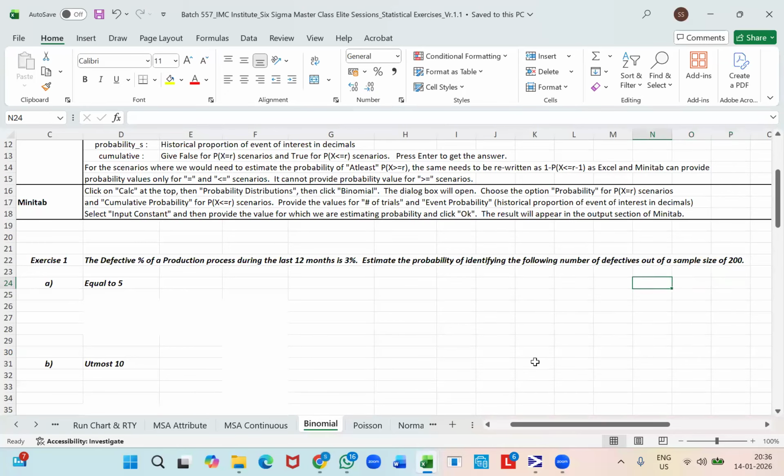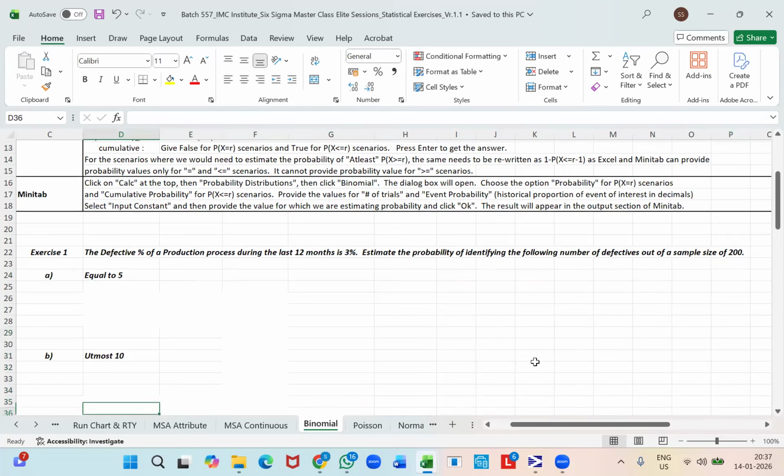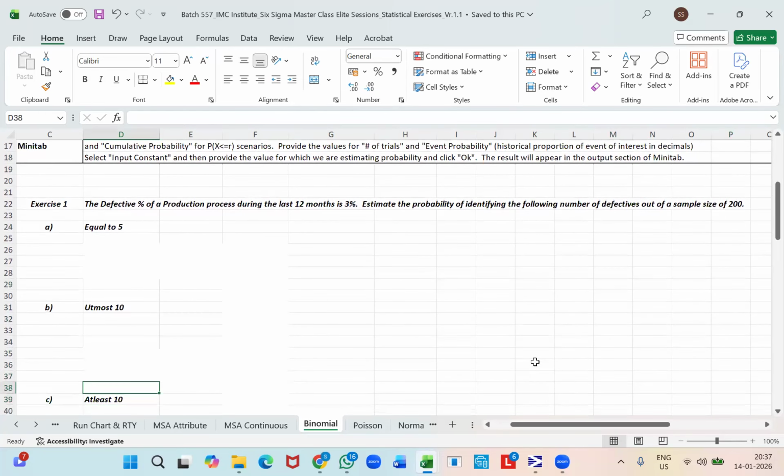First and foremost, we have 3 sections to this particular exercise. Section A is asking us to estimate the probability of getting exactly 5 defectives out of 200 samples. The second one is at most 10. The third one is at least 10.